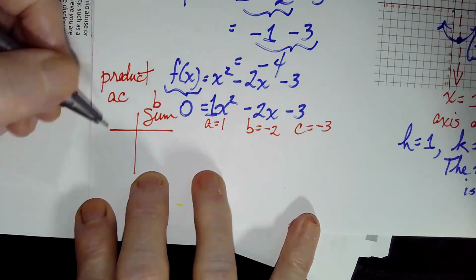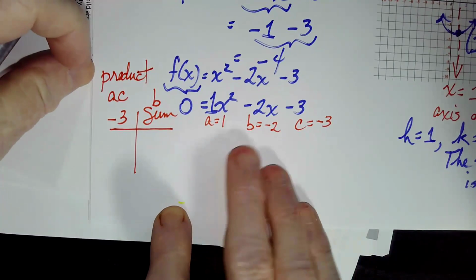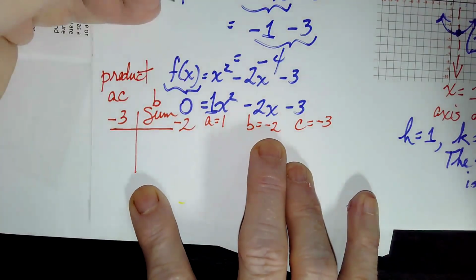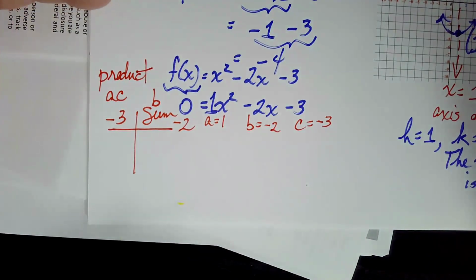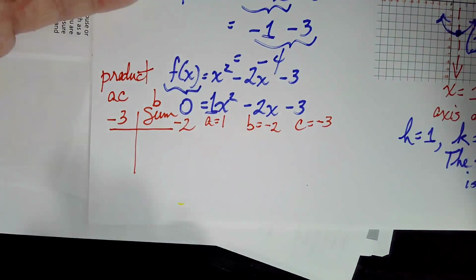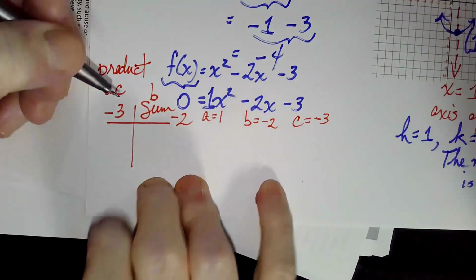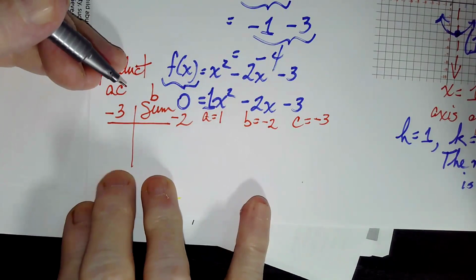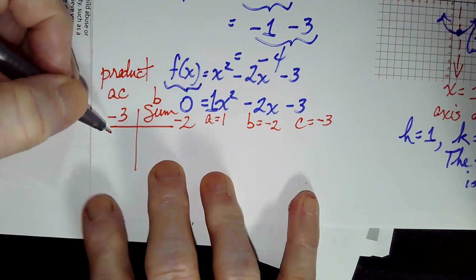No, it's -3. And b is -2. Any two numbers, anything you can think of that would give you a -3 when multiplying? 1 times -3.